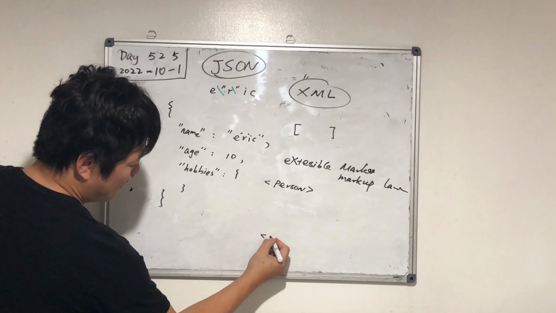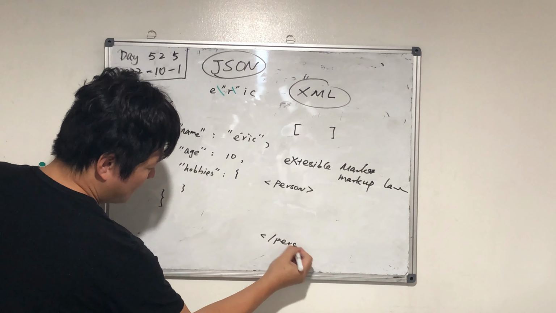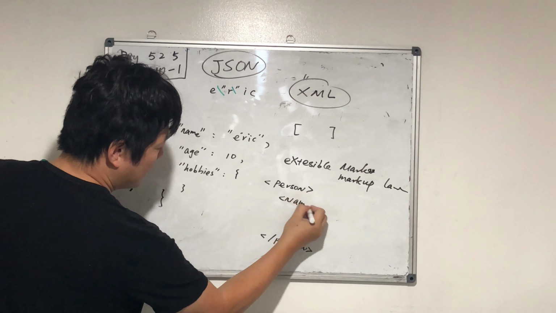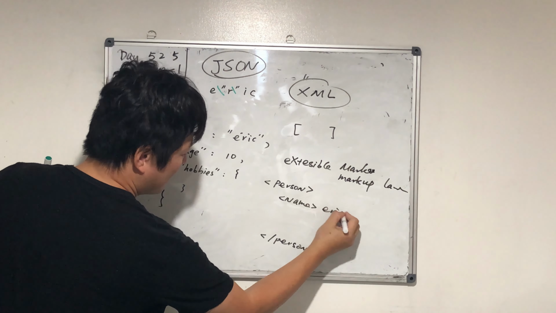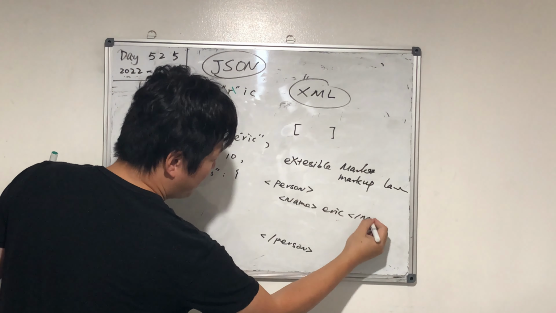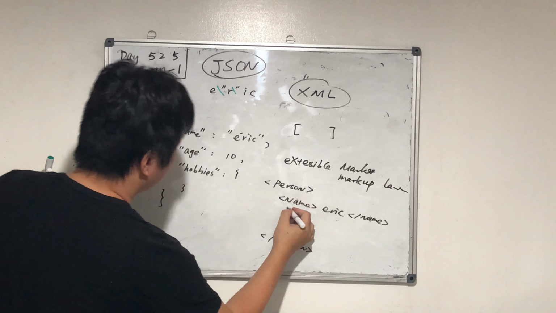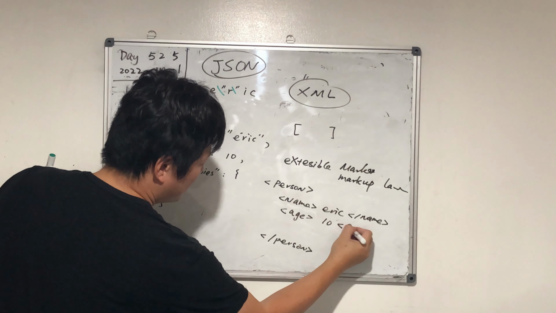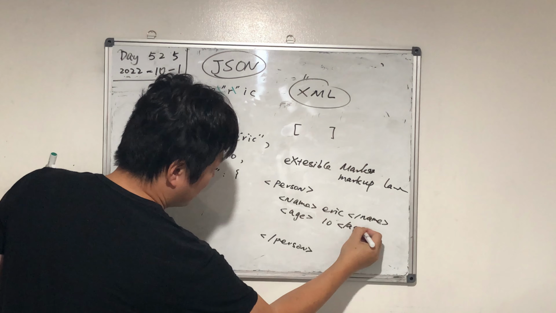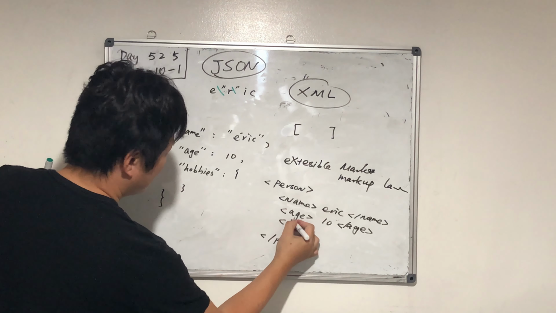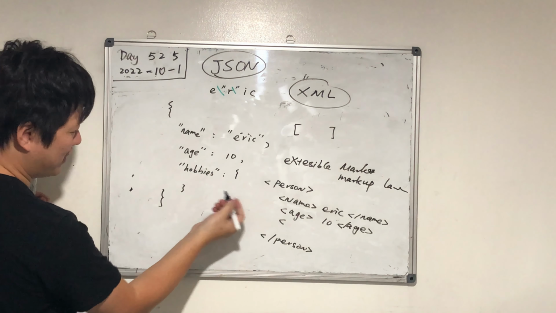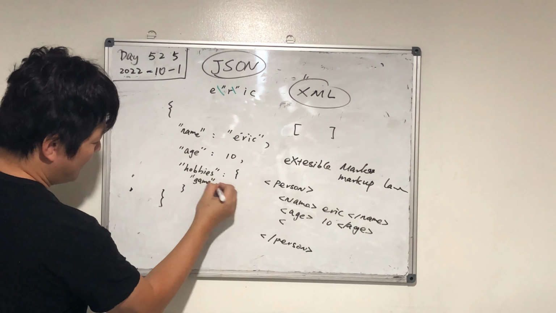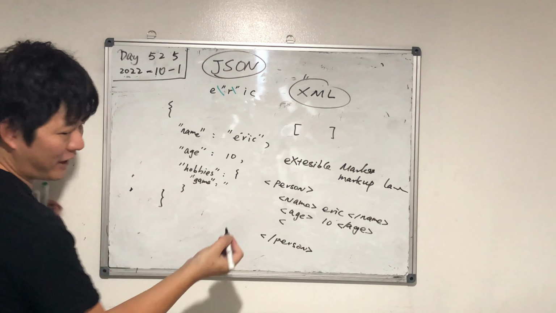Person, name, Eric, closing name, age, 10, closing age, and then hobbies, games, for example. You want a game, right? So we have this game.